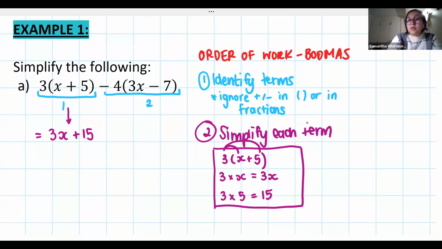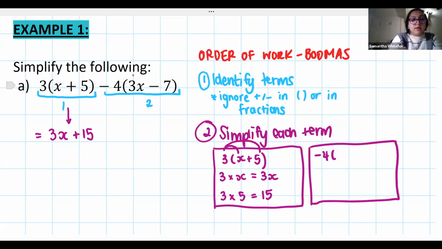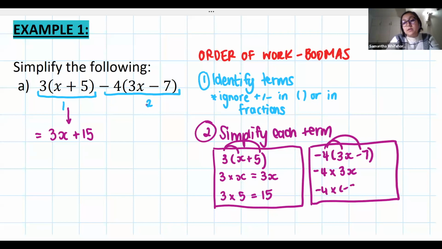Now we go and have a look at our second term. Remember, we're doing each term individually. Our second term is negative 4 times the bracket 3x minus 7. Again, we're multiplying the coefficient negative 4 into the bracket. Now, the coefficient is a negative, so we need to be very careful about our signs. We've got a negative 4 times positive 3x and a negative 4 times negative 7.